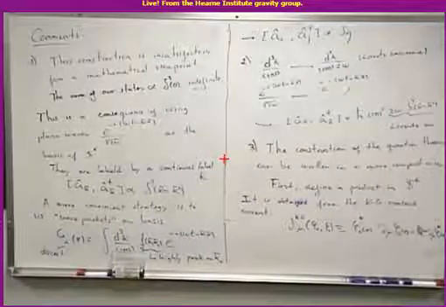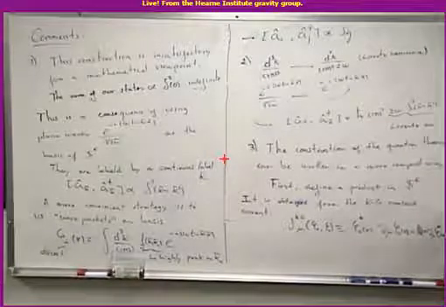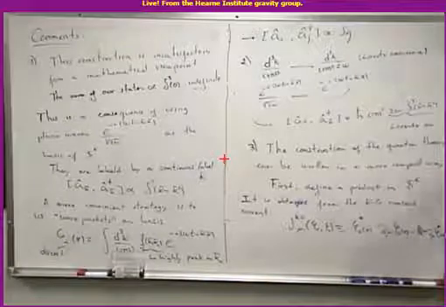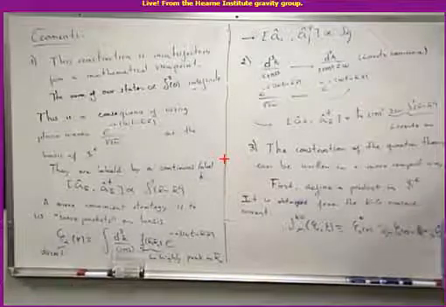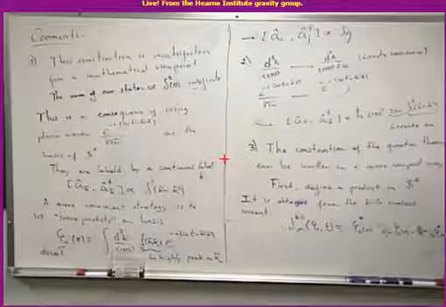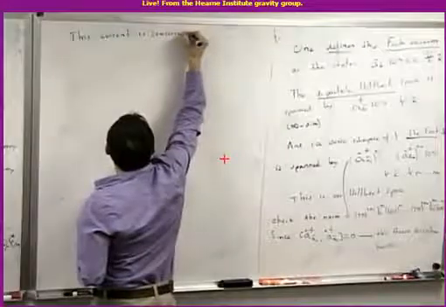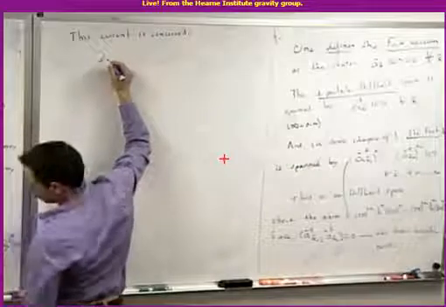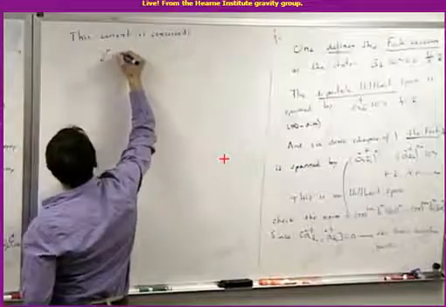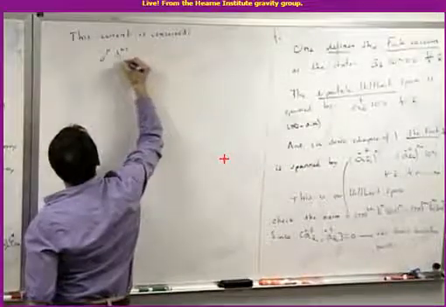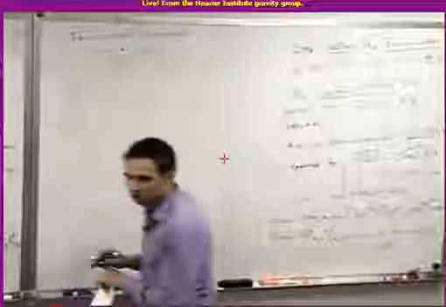So the key property is that it's a conserved current. The statement here is that this current is conserved. That means that if you take the derivative of the Klein-Gordon current and you contract the index, you get exactly zero.